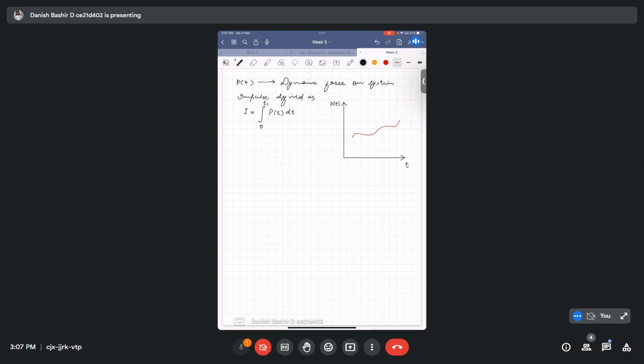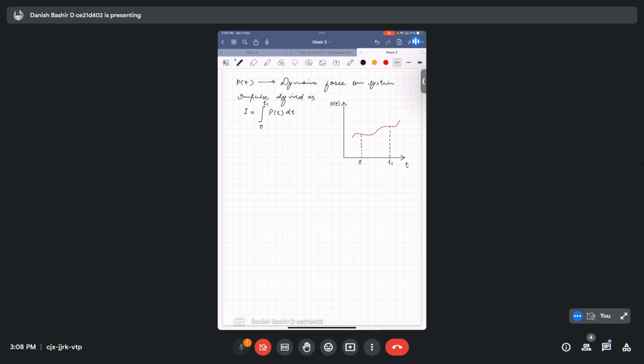For example, we are interested in finding the impulse that this force imparts from time, for example, reference time 0 to time t1. So impulse by definition is the integral over time from 0 to t1 of P of t dt.